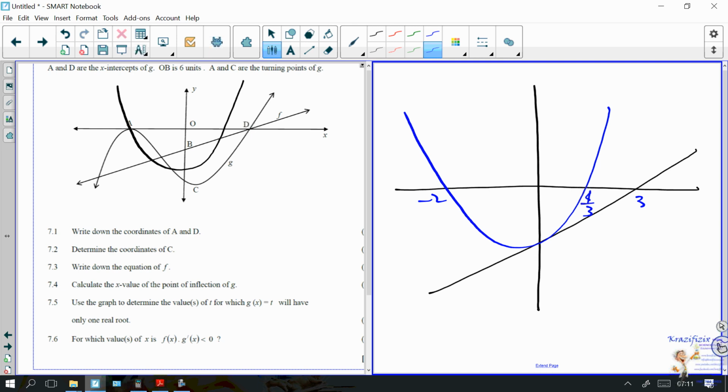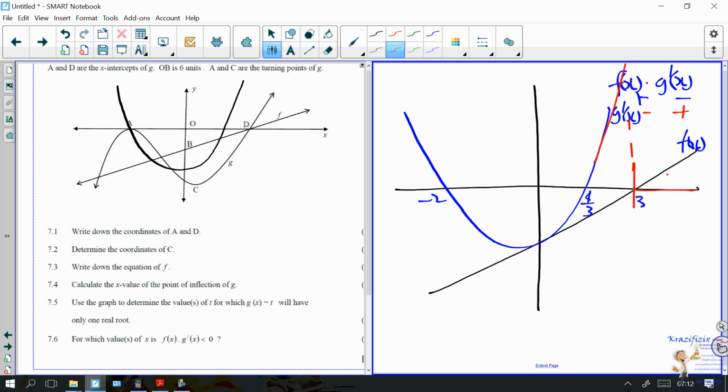Now, I want f of x and g of x. The product should give me less than 0, a negative value. So we said f of x multiplied by g prime of x. This is my g prime of x, and this is my f of x. One must be positive and the other one must be negative. But if you check on this x value, check your cardinal point, because this graph continues.